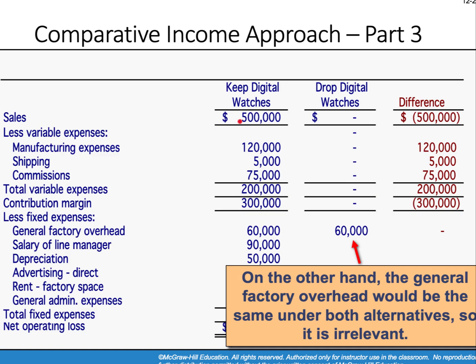Then we look at the fixed expenses, okay. The general factory overhead, we keep that, right? Meaning that cost still occurs regardless if we keep the digital watch line or if we drop it. They said if we drop it, we still keep that cost, but it'll be allocated to another product line. Okay, so the cost is still there.